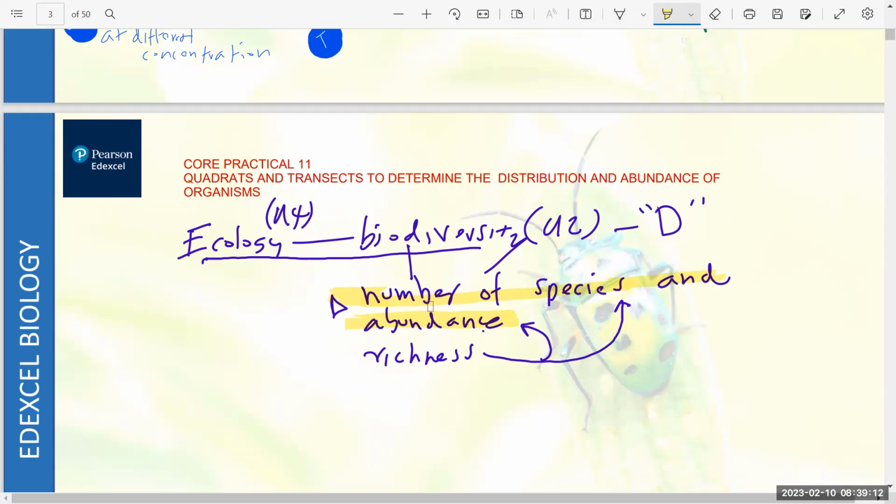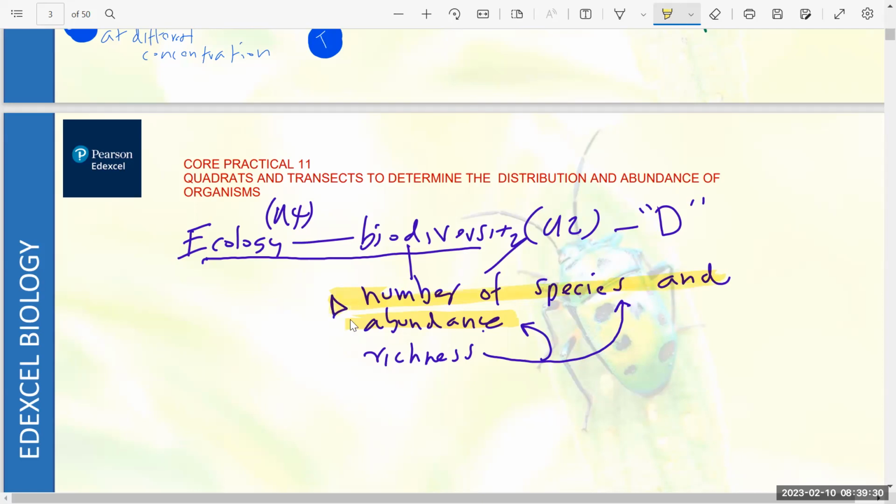Okay, what I wanted to say, so we have learned the basics of biodiversity, and in biodiversity we have learned species diversities.